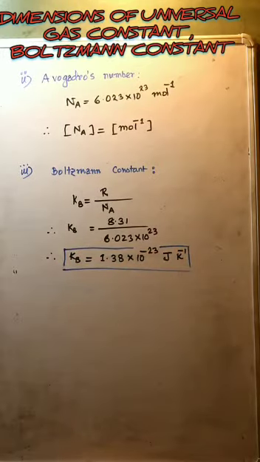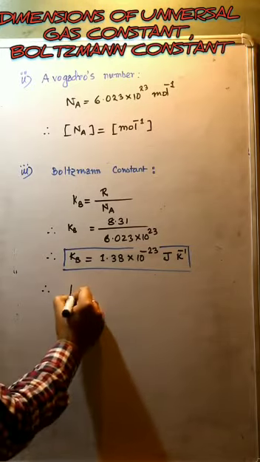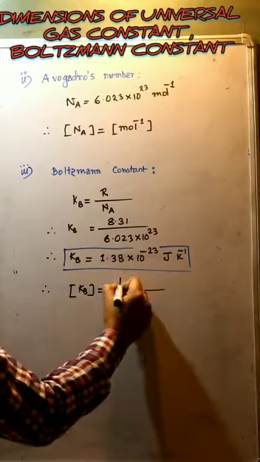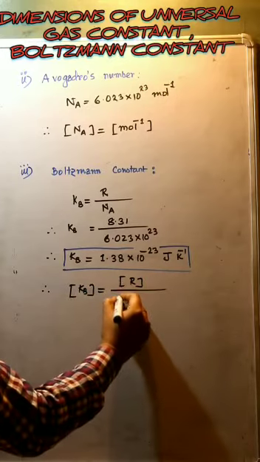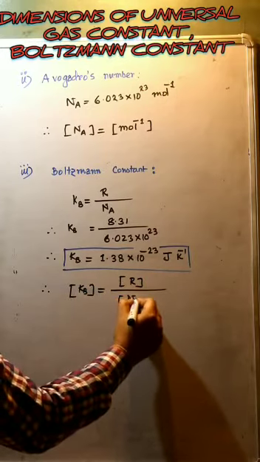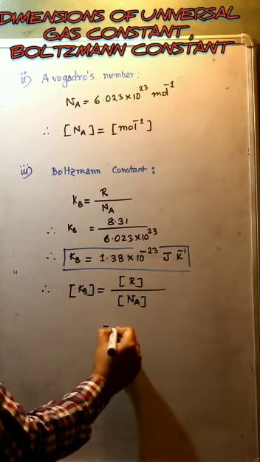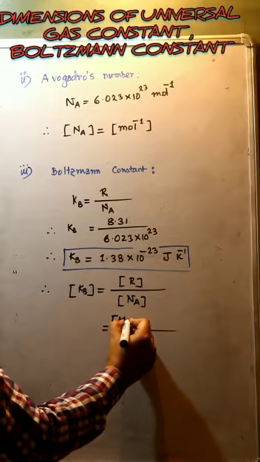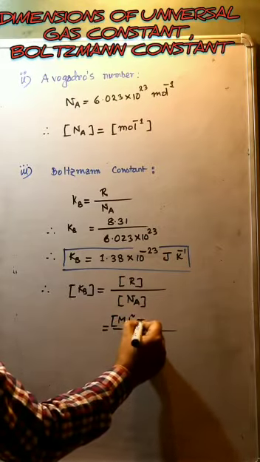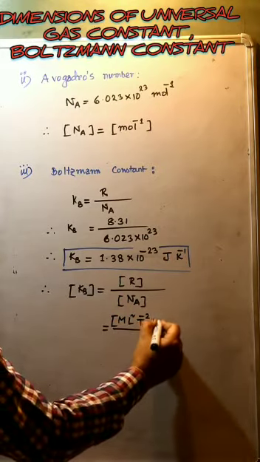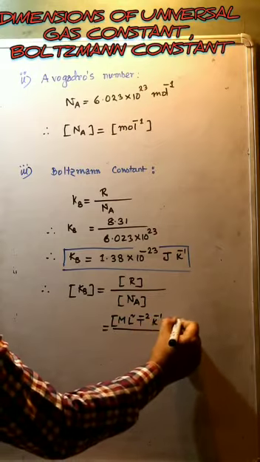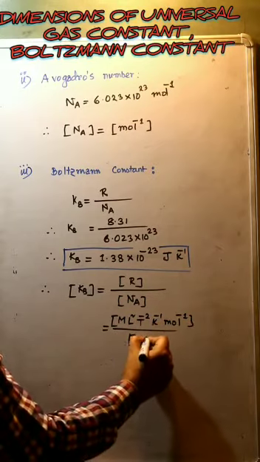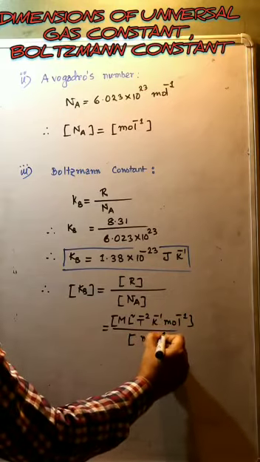Therefore, dimension of Boltzmann constant is equal to dimension of universal gas constant divided by dimension of Avogadro's number. We know the dimension of universal gas constant is M L square T to the power minus 2 Kelvin inverse mole inverse, and Avogadro's number has the dimension mole inverse.